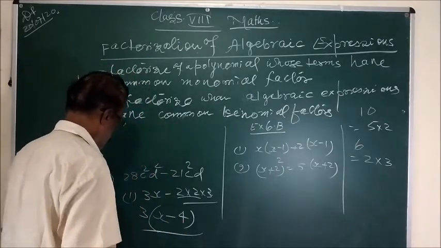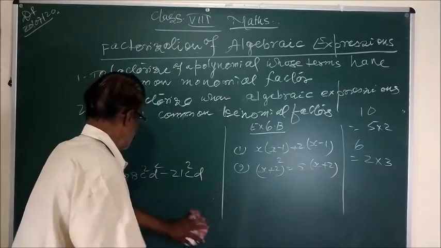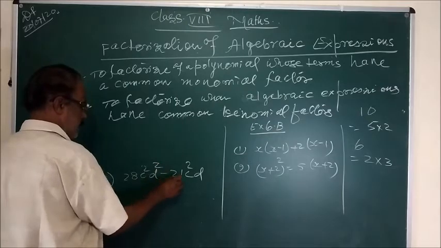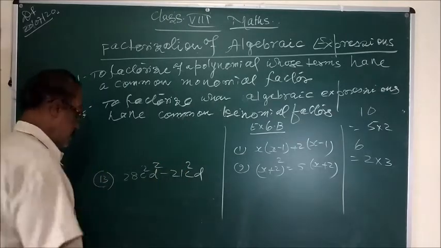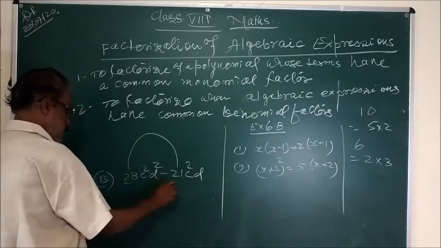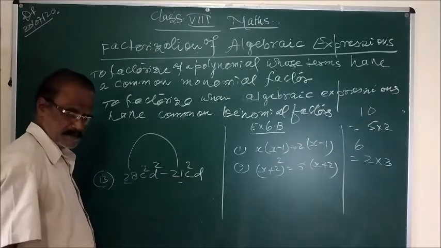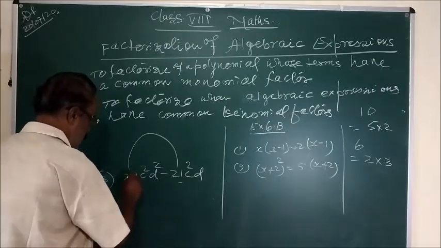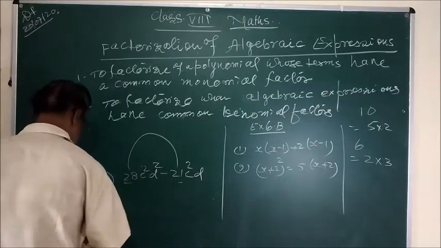Now you see question number 2. 28 c squared d squared minus 21 c squared d. Now you come to the common, you factorize the coefficients, you factorize the constant terms of these two algebraic expressions.